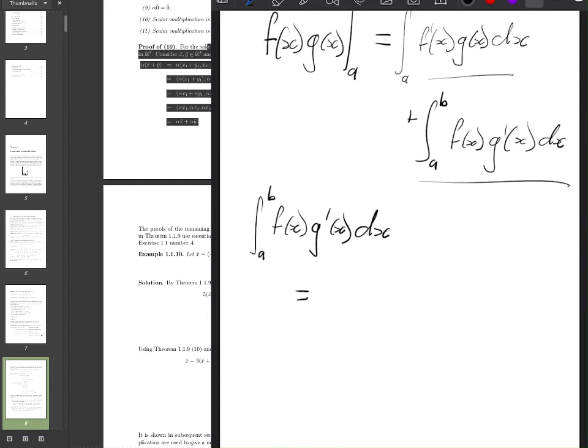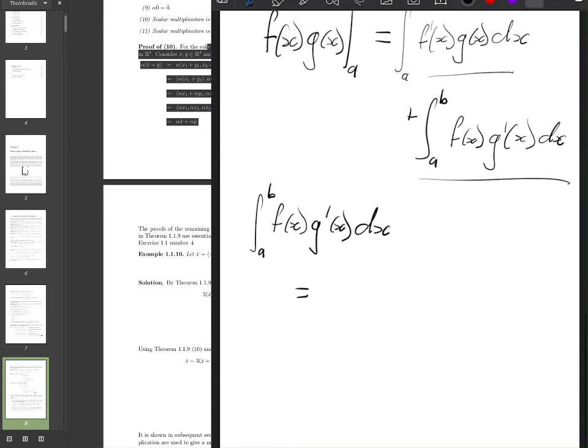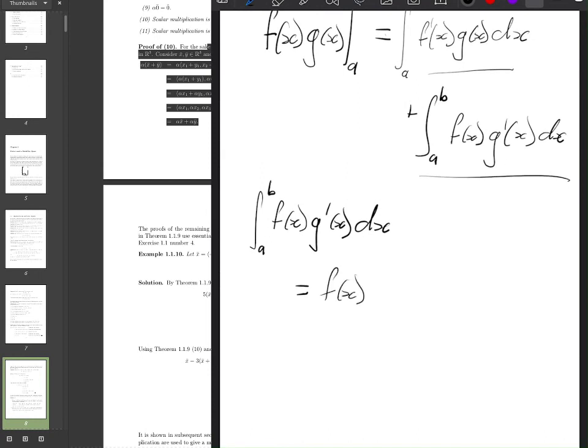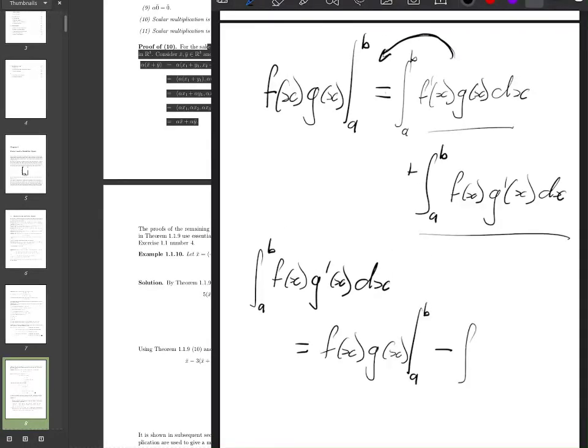This is equal to, we're taking that term across, f of x g of x evaluated at the endpoints from a to b minus the integral from a to b of f prime of x g of x dx.